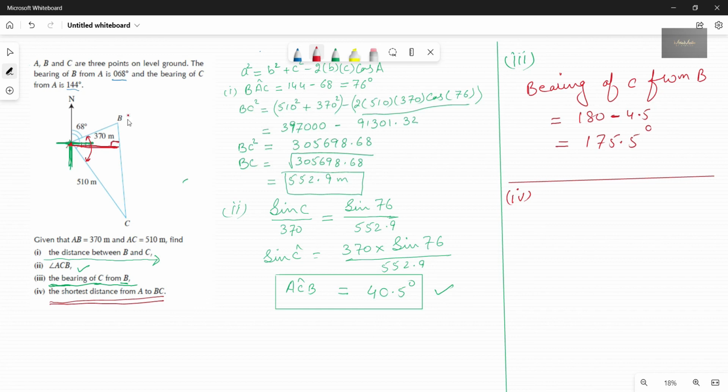For this I need the length of BC, which we have calculated, that was 552.9 meters. Okay, also we have this angle, right, that was 40.5. This is what we need to solve this part, right? First I am going to find the area of triangle ABC.